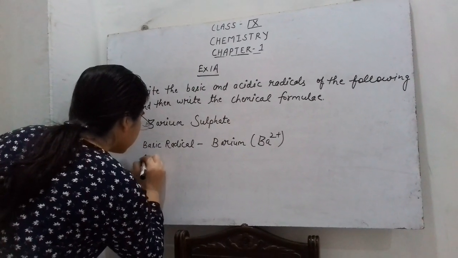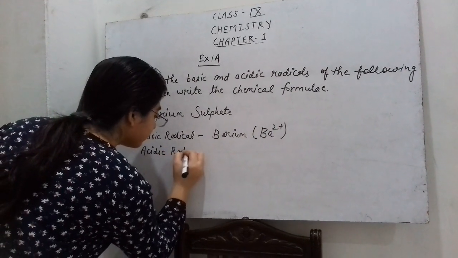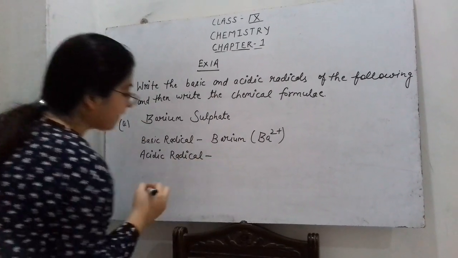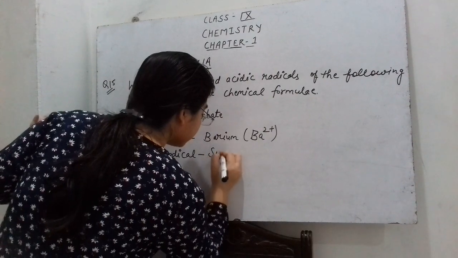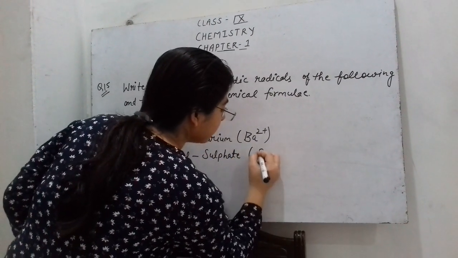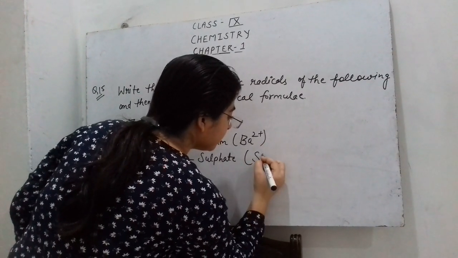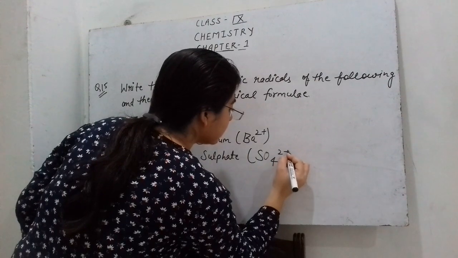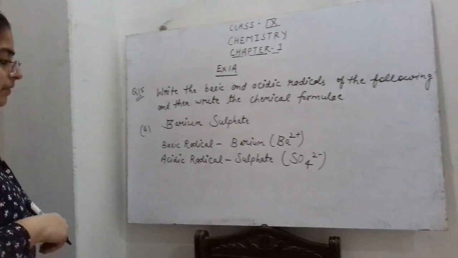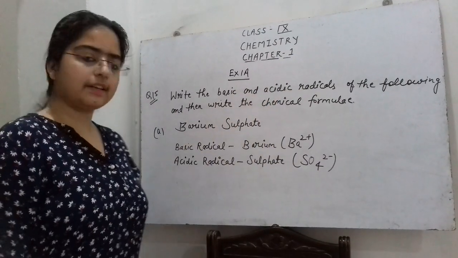And the acidic radical is sulfate. Its symbol is SO4 and the charge is 2 negative. So first of all it was asked to write the basic radical and acidic radical.